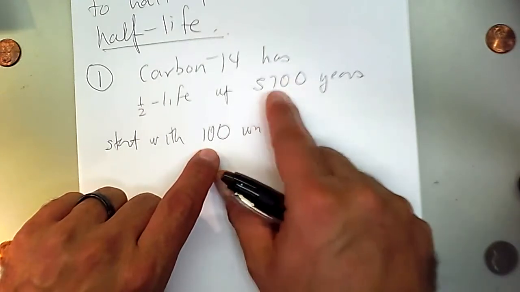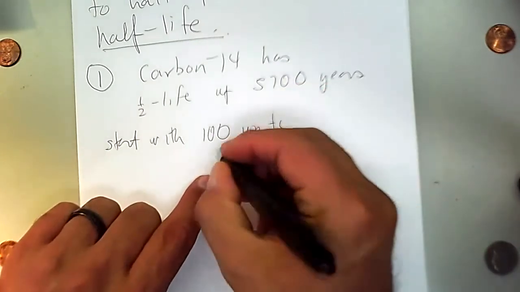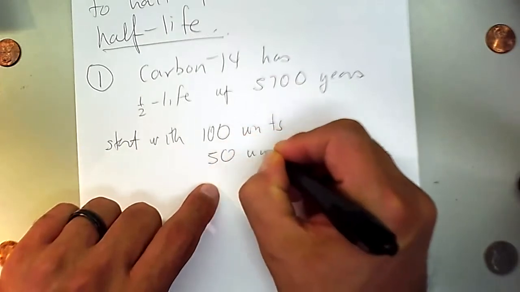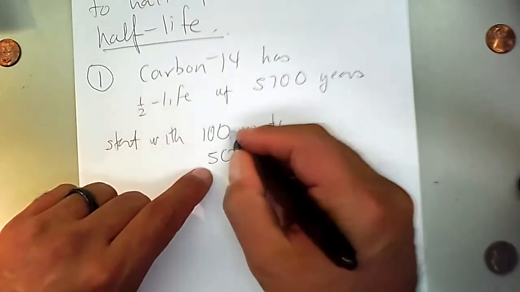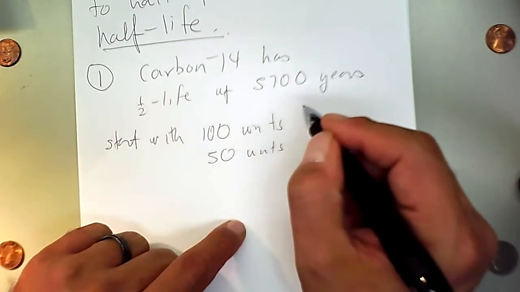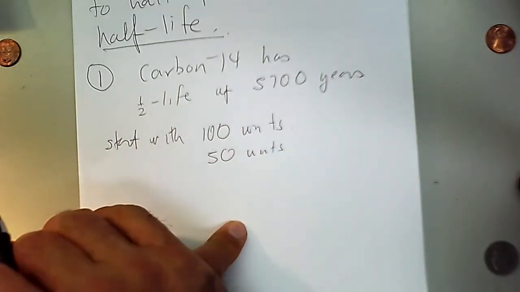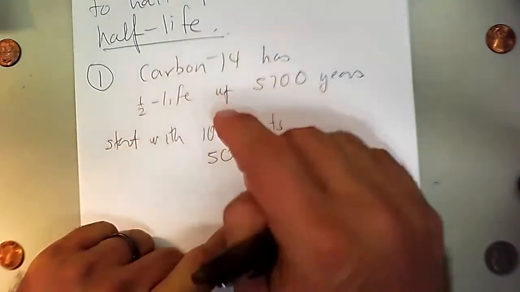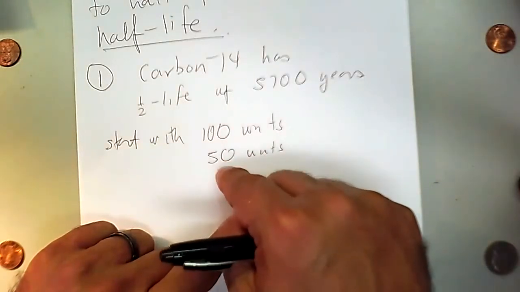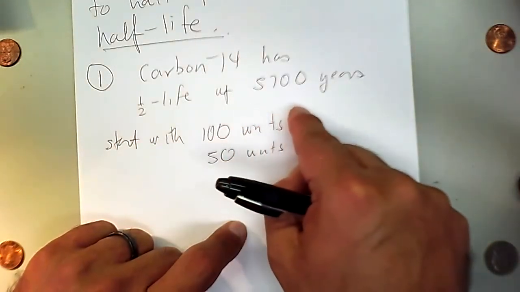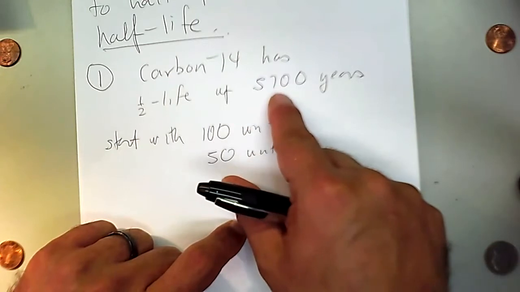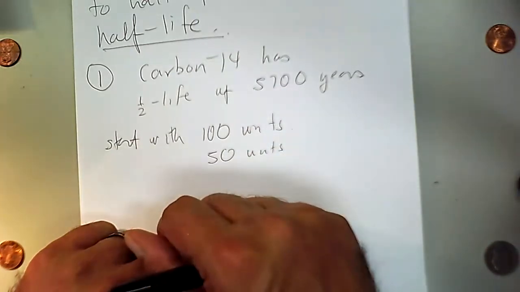So it takes 5,700 years to go down to 50 units, or 50% of the initial carbon-14 we have. One question we can ask then is, how much carbon will there be after, let's say, 7,000 years?